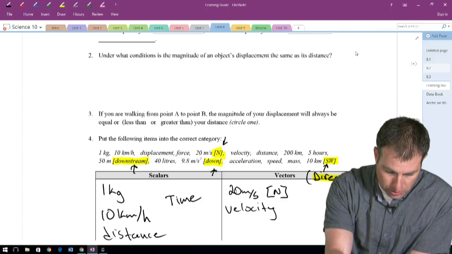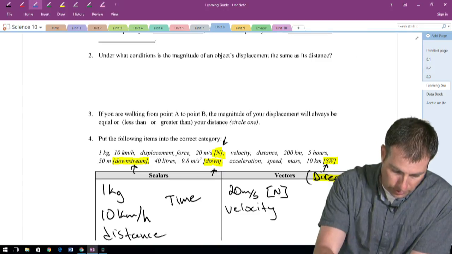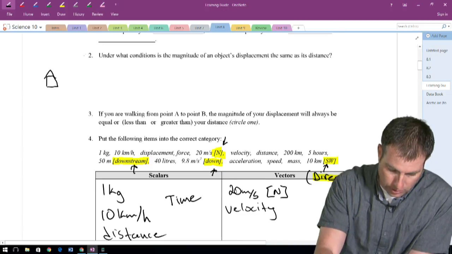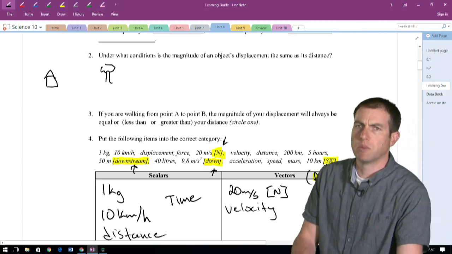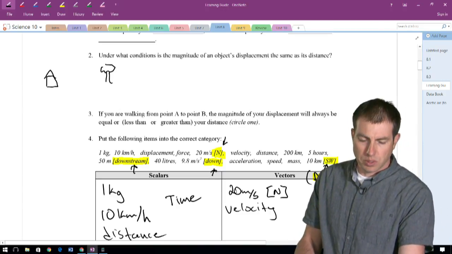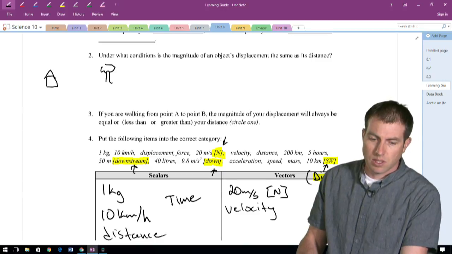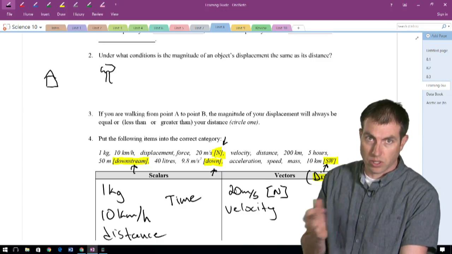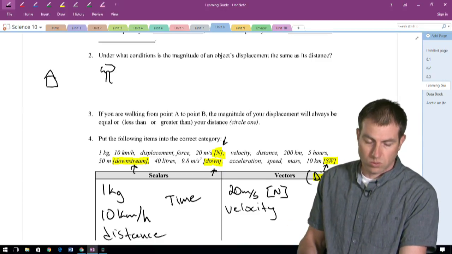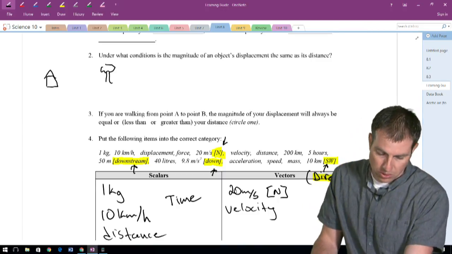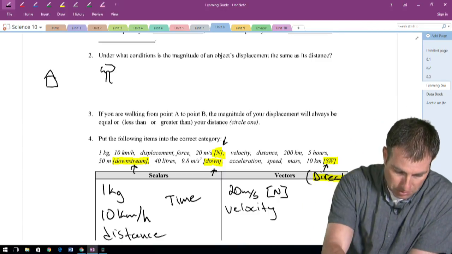All right, so I'm just going to draw a little picture here. Let's say we have a house, and then we have a tree over here. There's my nice little diagram, and we're talking about distance and displacement. Remember, distance is just how far you traveled, and displacement is your change from where you started to where you ended. So, Josh, you're a step ahead of me, and you're right. Let's imagine this.